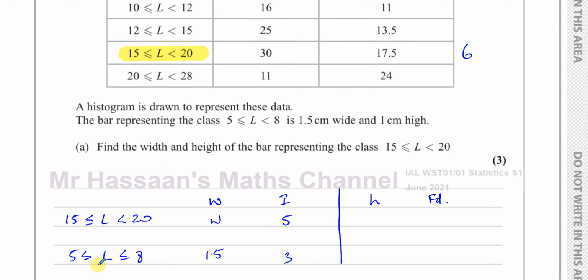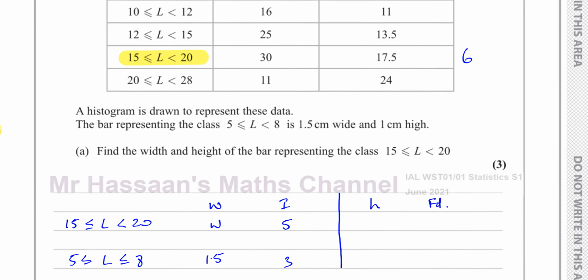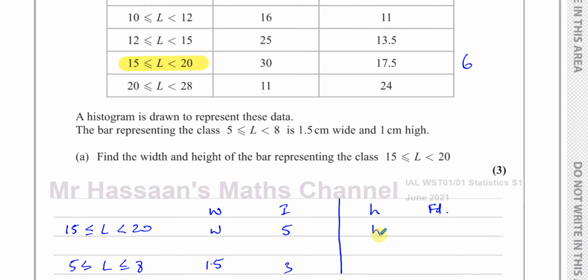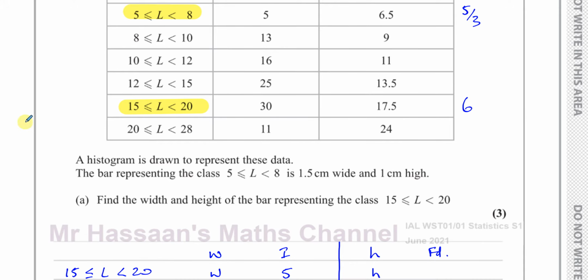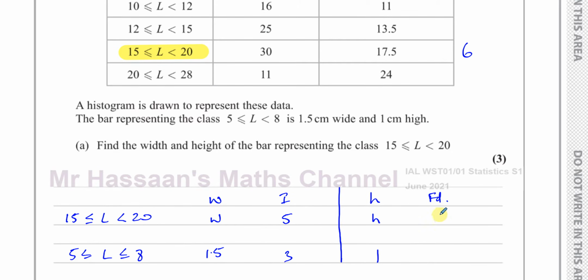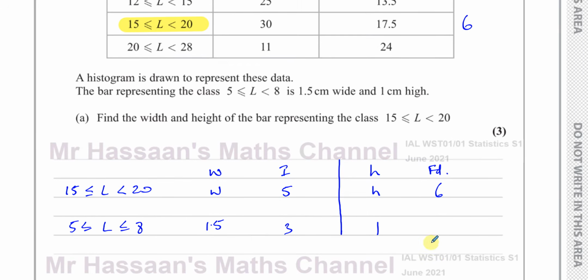From 5 to 8 is 3. For the height, we don't know the height of this bar, but we know the height of the other one is 1 centimeter. The frequency density for 15 to 20 is 6, and the frequency density for the 5 to 8 is 5 over 3.